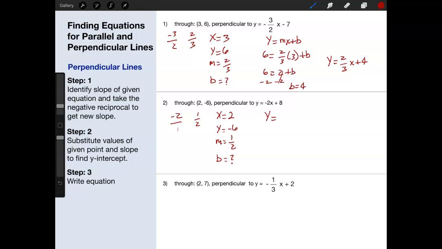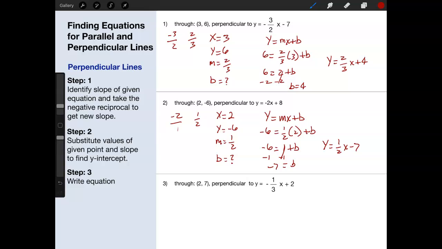We substitute our values into the equation y equals mx plus b. Negative 6 equals 1/2 multiplied by 2 plus b. Negative 6 equals 1/2 multiplied by 2, which is 1, plus b. We subtract 1 from each side, and we have b equals negative 7. Now we can write our new equation. Y equals 1/2 x minus 7.